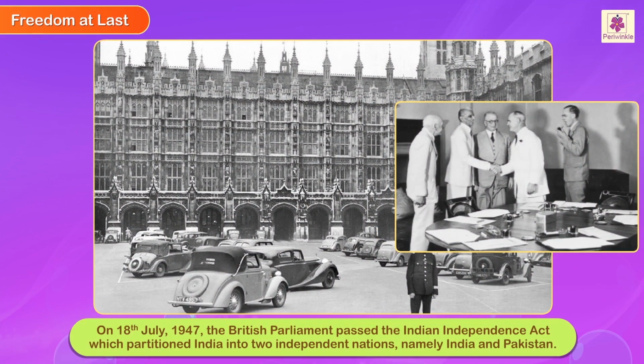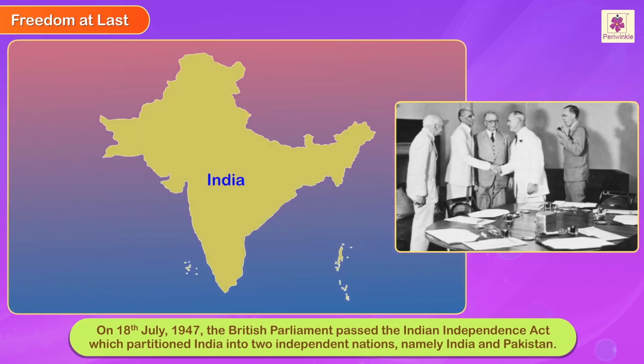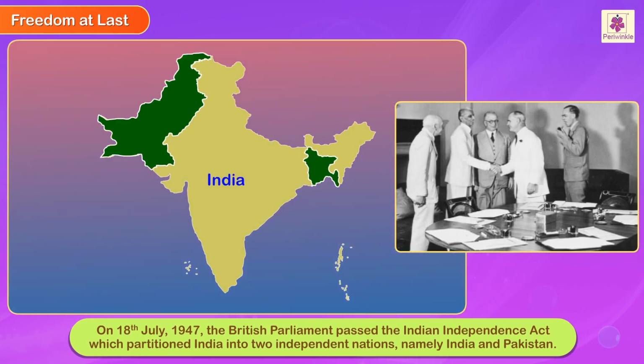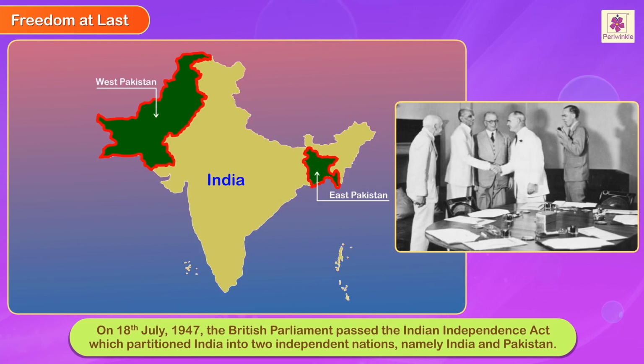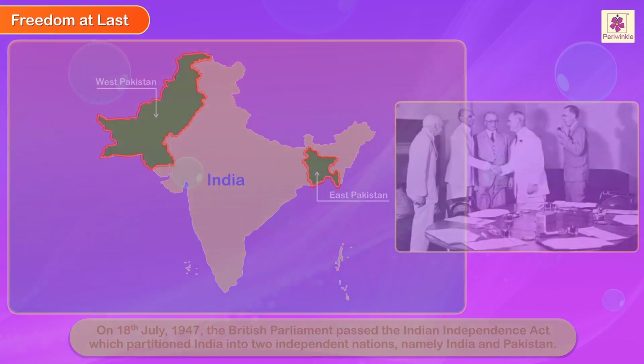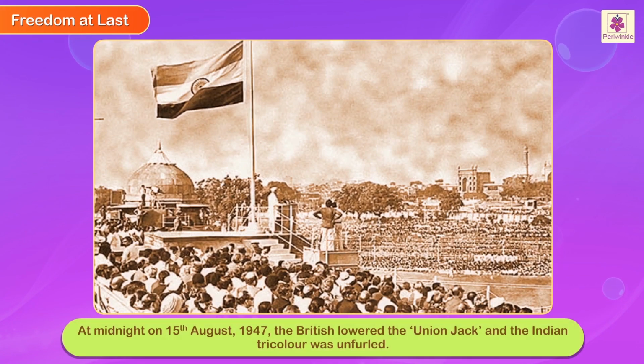On 18th July 1947, the British Parliament passed the Indian Independence Act, which partitioned India into two independent nations, namely India and Pakistan. At midnight on 15th August 1947, the British lowered the Union Jack and the Indian tricolour was unfurled.